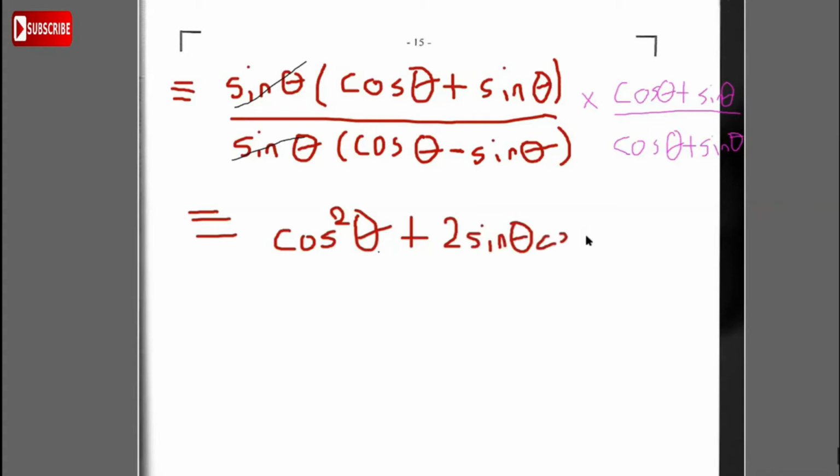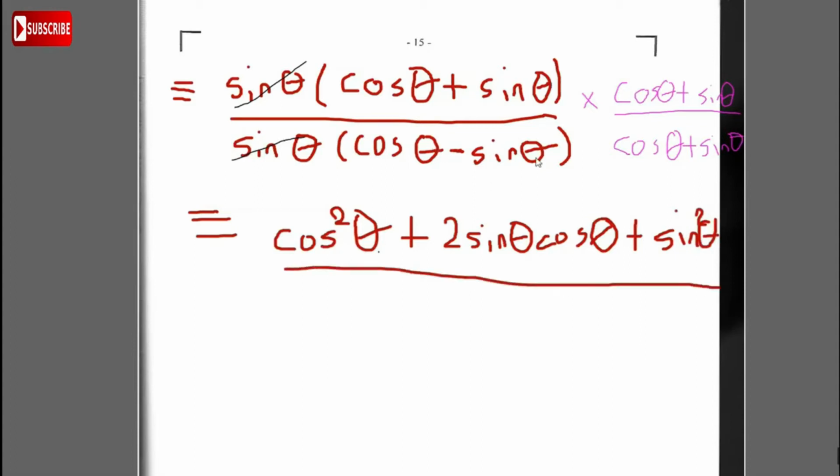And then sine theta times sine theta is sine square theta. Good. And then in the denominator, it becomes the difference of 2 squares, cos theta minus sine theta times cos theta plus sine theta, so it becomes cos square theta minus sine square theta.